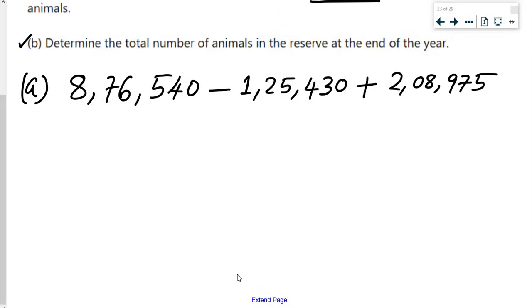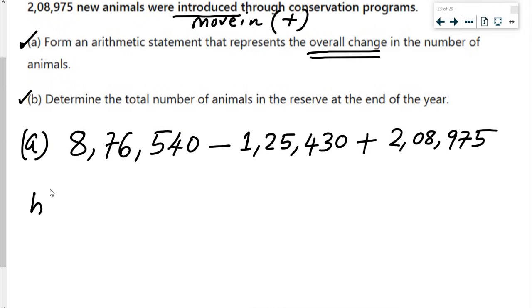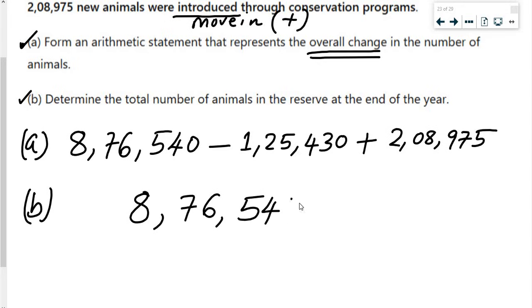B. Can you now determine the total number of animals in the reserve at the end of the year? Let us start. 876,540. These were the animals present at the beginning.